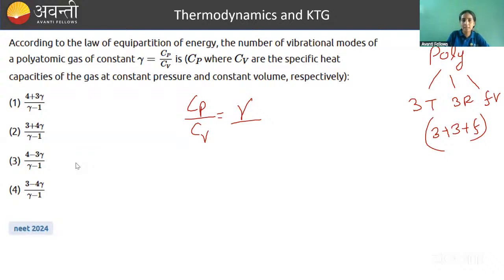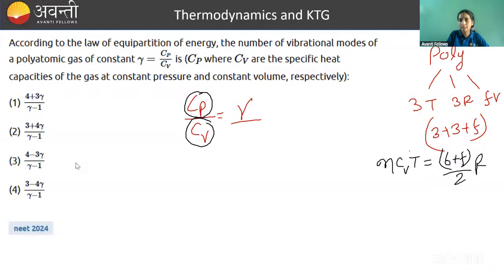Because we need to calculate Cv and Cp in terms of F, the vibrational mode of freedom, right? Then only we will be able to calculate F in terms of gamma. So if you write internal energy, then that is nCvT, which will be equal to total degree of freedom (6 plus F) by 2 RT, if I am considering n equal to 1 mole.